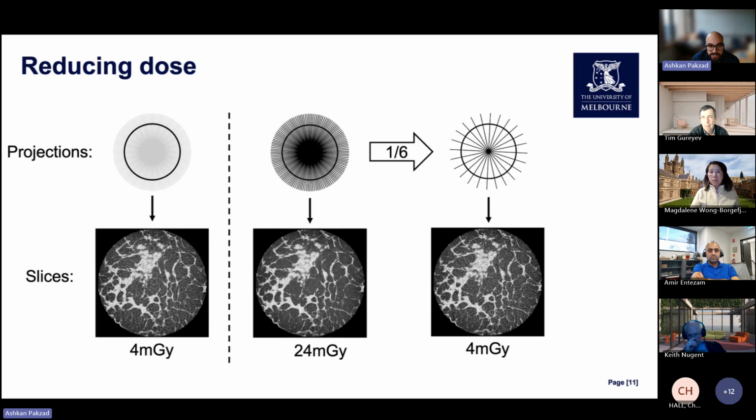In theory, we can reduce the projections by taking 1/6, and we can get a 4 milligray image. Here in this study, we capture these 24 milligray images and these 4 milligray images using 4,800 projections for both. And using 1/6 of those, we can produce an image that corresponds exactly to the 24 milligray image at 4 milligray dose.